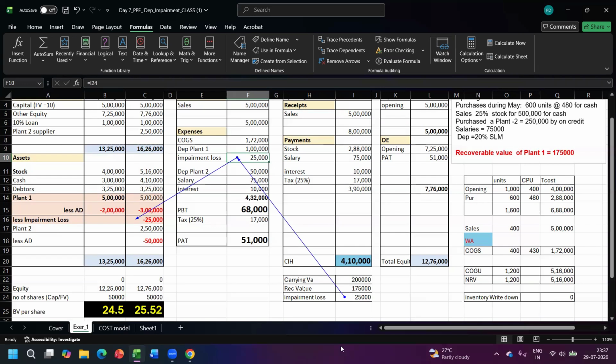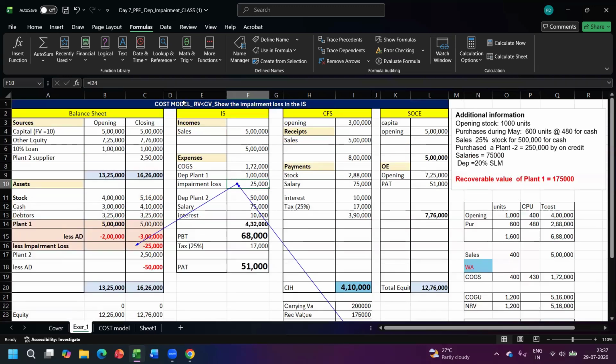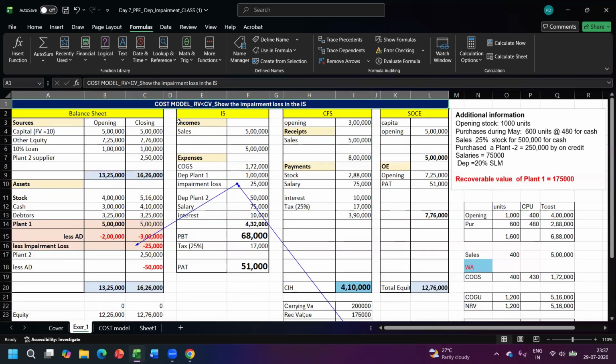The reduction is called impairment loss. And here we have followed a model called the cost model, where the plant is shown at cost minus depreciation minus impairment, if any, if the recoverable value is less than the cost value.